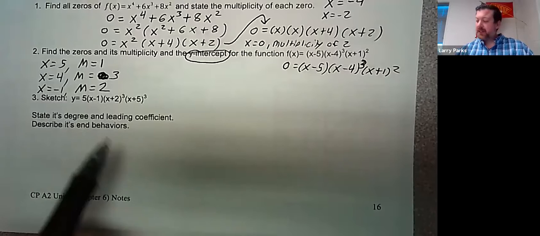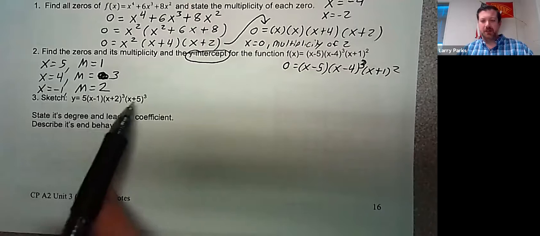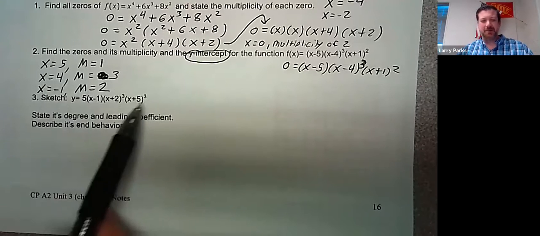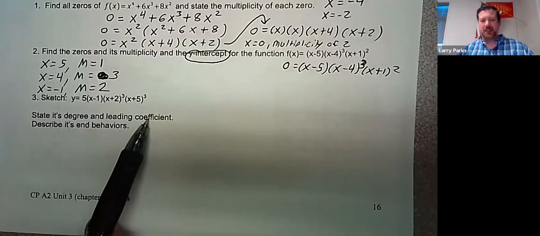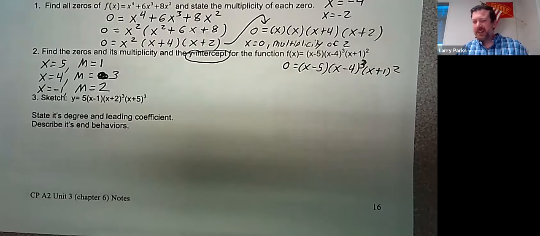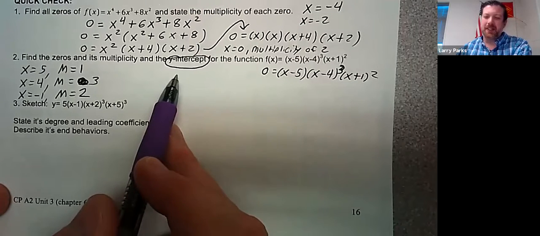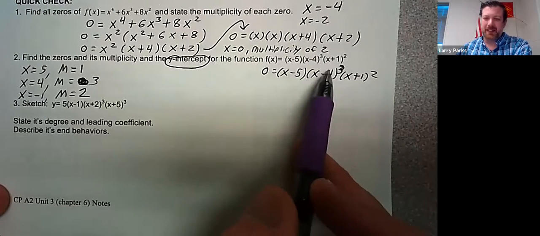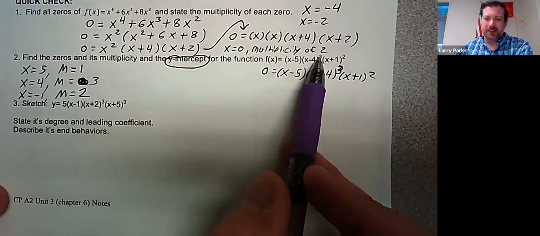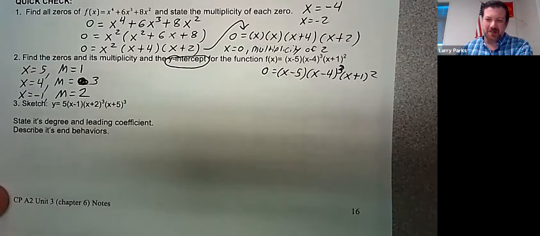Okay, a new one. State its degree, the leading coefficient, and describe its end behaviors. Well, you can't really state the degree when it's not in standard form. You know, I guess we could go ahead and do the y-intercept. Once you multiply all this out, it would be negative 5 times negative 4 to the third times 1 squared, because your constant is always the last of each when you factor it.